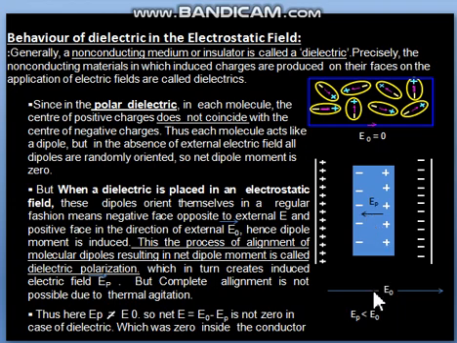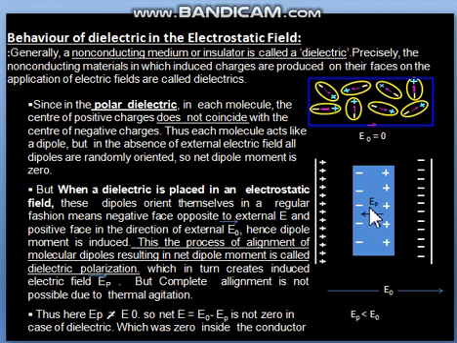But now the situation is that not all the dipoles are aligned properly. Some of the dipoles are still random due to thermal agitation. They remain in a thermal manner. So very few dipoles only get aligned. So EP, which is due to the dipole alignment, is now not equal to E0, which was the case for the conductor.